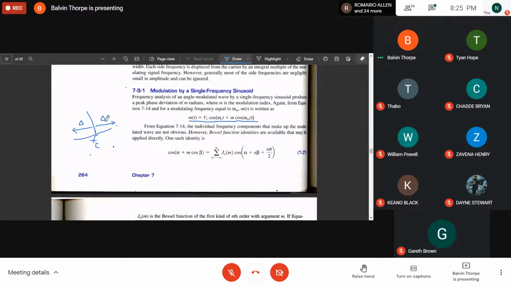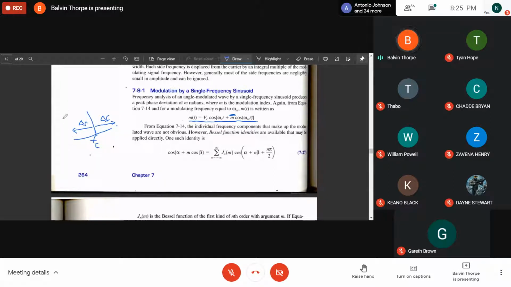Delta F. So the carrier, because of the modulating signal, is going to change in frequency in this direction and in that direction, based again on, remember, the amplitude of the modulating signal causing the carrier to change, right? How much it changes is what is right here, which is your deviation factor M.